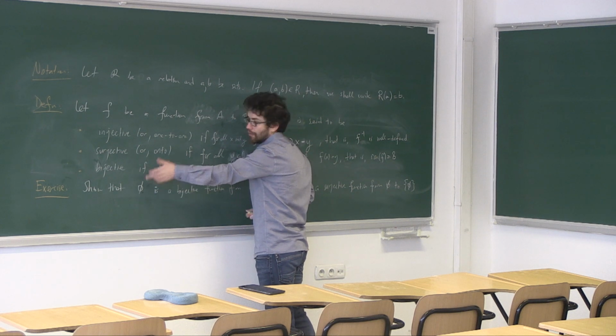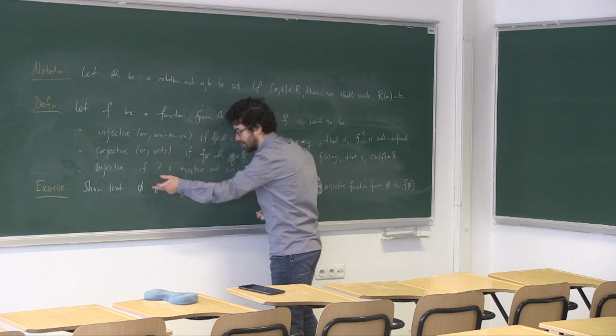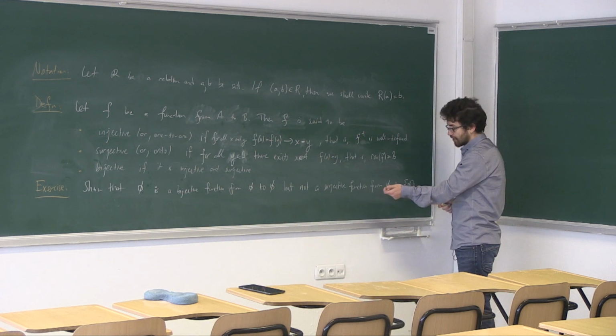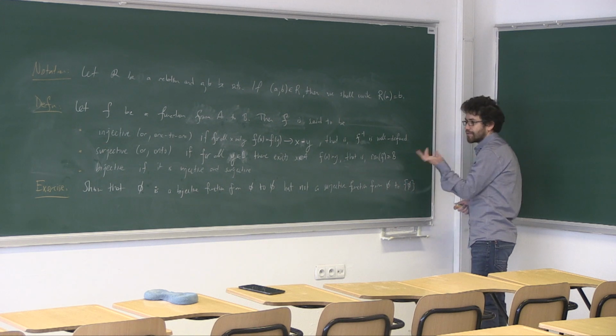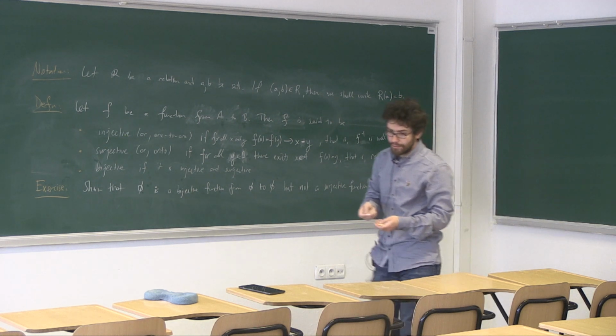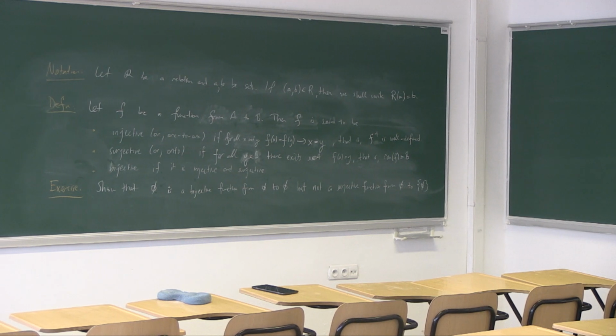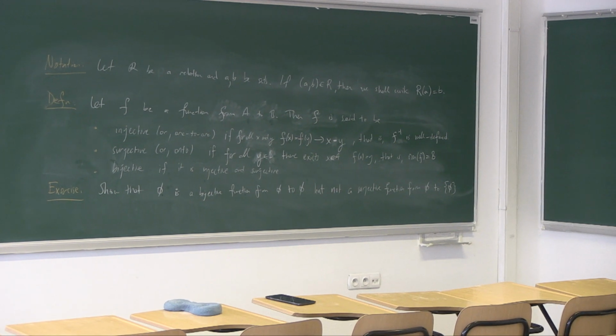I'm actually asking you to prove it. Prove that empty set is a bijective function from empty set to itself, and it's not a surjective function from this set to this set. Okay? And let me finally define domain and codomain over here, which I should have done like 5 minutes ago.